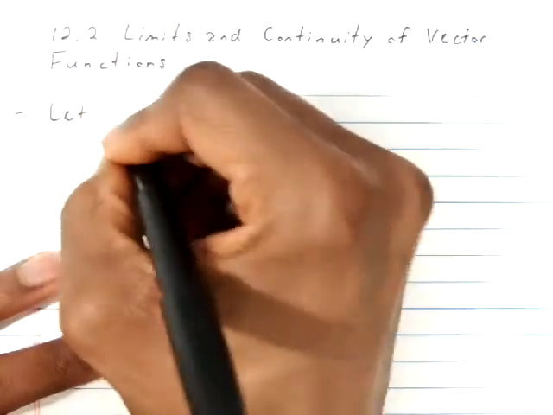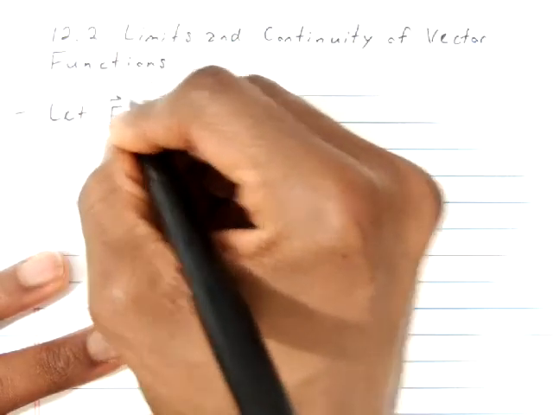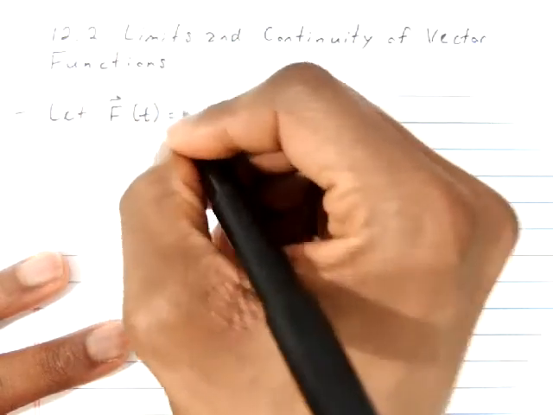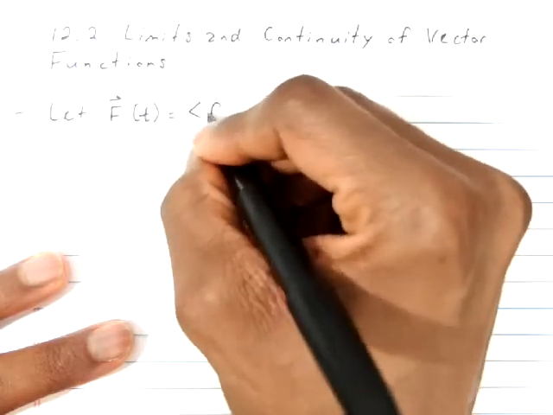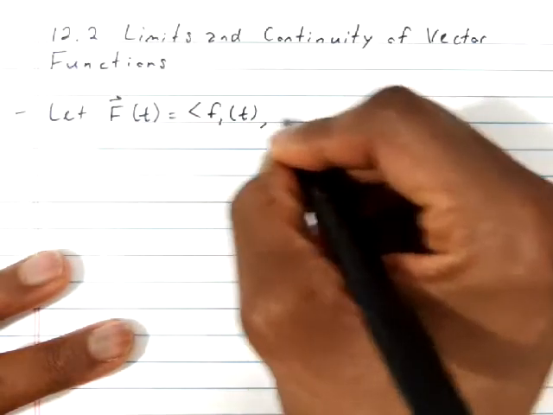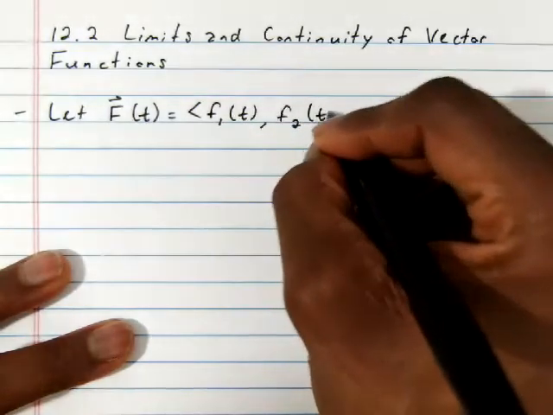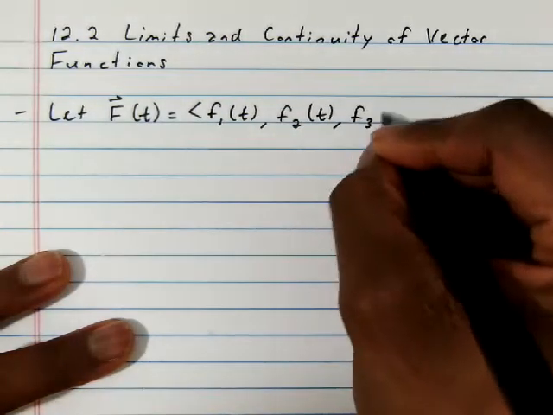So let f of t be equal to the vector function whose components are f1 of t, f2 of t, and f3 of t.